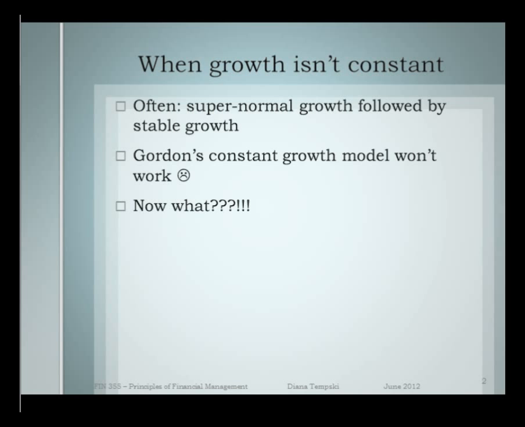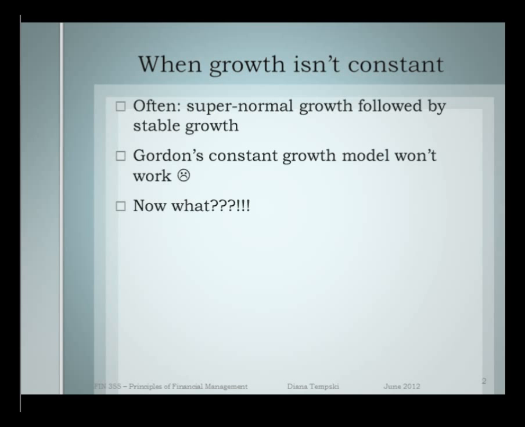There are times, and your textbook mentions this, I'm sure you read it as you read through chapter 9 in your text, that there might be supernormal growth. This is a period of time in a stock's life, sometimes when they first go public, where growth is just astronomical, maybe 20-30%, where the company is just growing and the stock's growing by leaps and bounds for a couple of years, and then it tapers off.